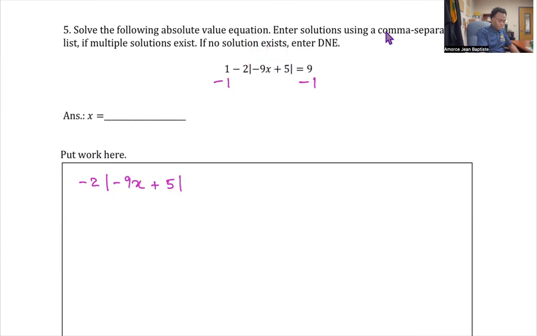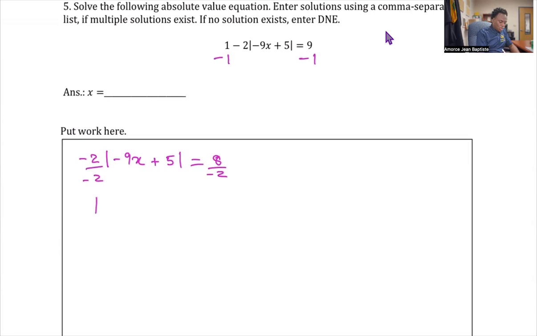So that equals 8, because 9 minus 1 is 8. Then we divide by -2. So we get the absolute value of -9x plus 5 equals -4.